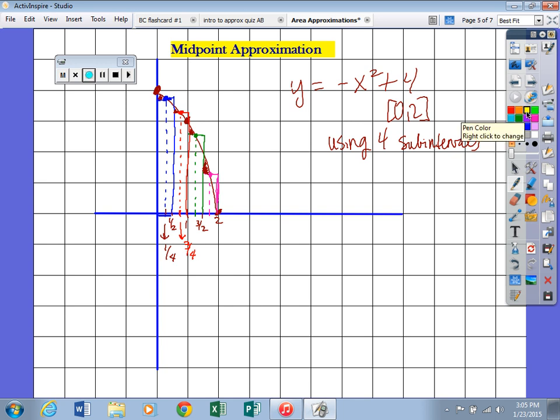So since you're balancing each little piece out, then it just becomes a game of comparing how much less it is to how much greater it is in each little triangle. And we should know by this picture if it's going to be an under approximation or an over approximation. So can you compare the gold and the black? What do you think that this is going to be?